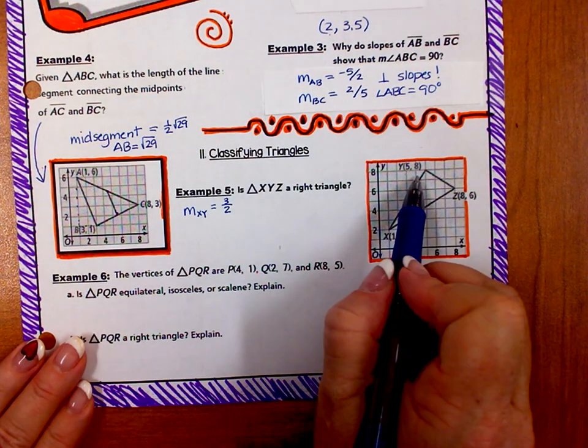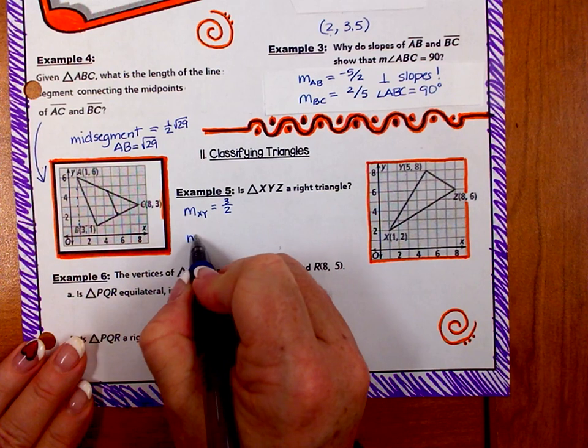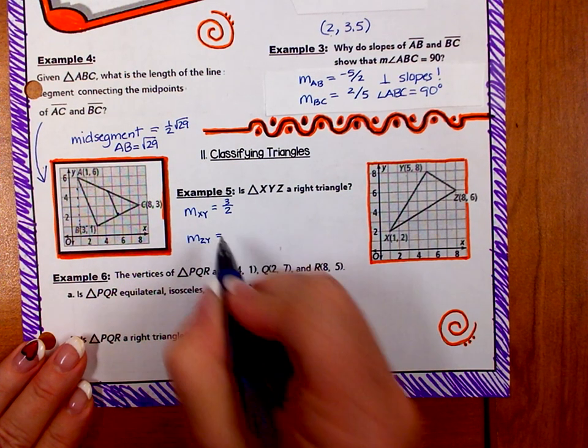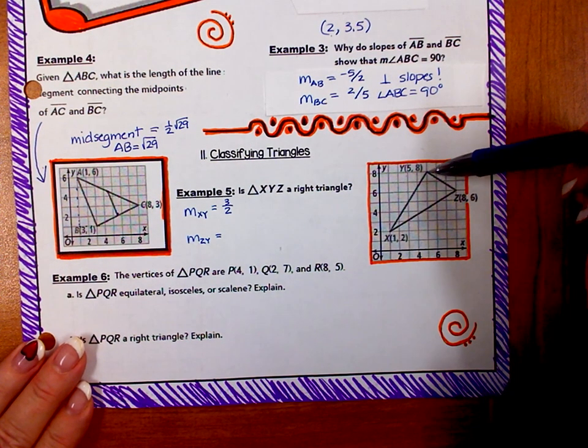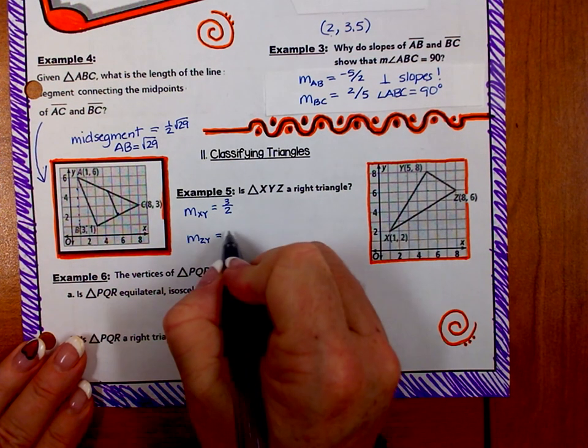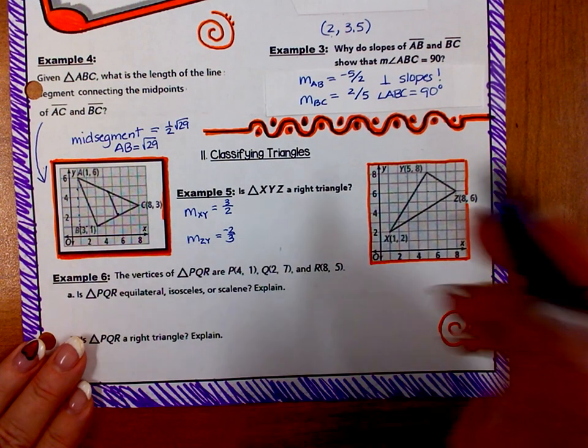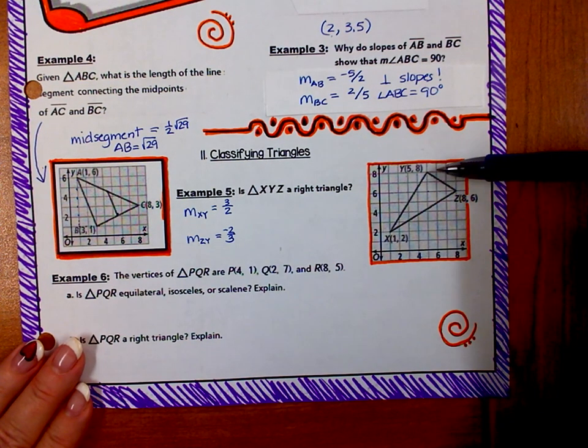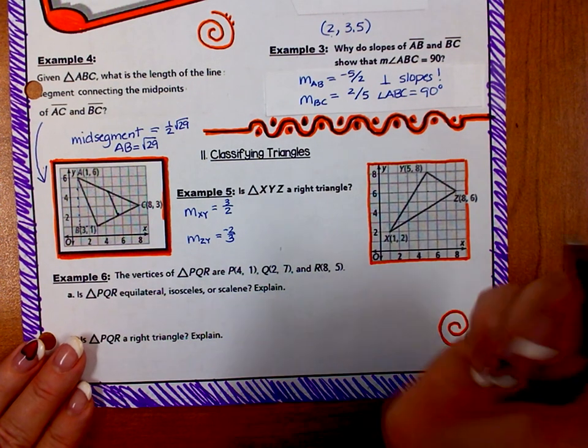Okay, the slope of YZ is going to be, let's see, 1, 2 down, and 1, 2, 3 across. So negative 2/3. So it looks like this is a right triangle because it contains a right angle.